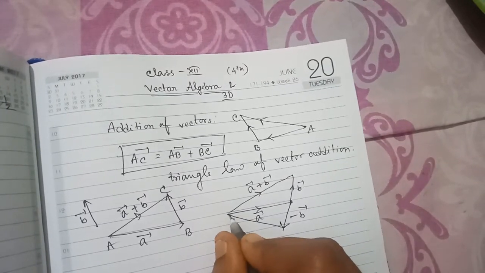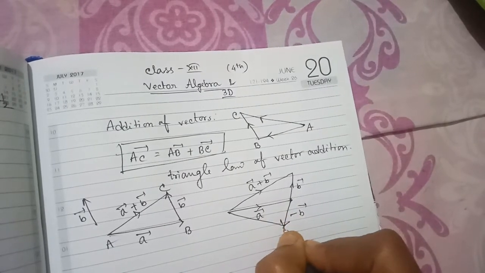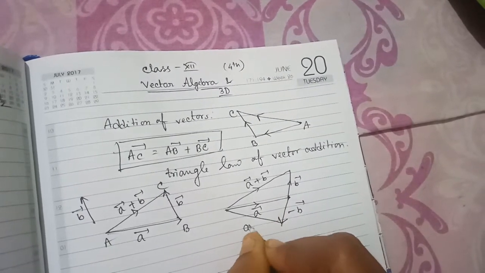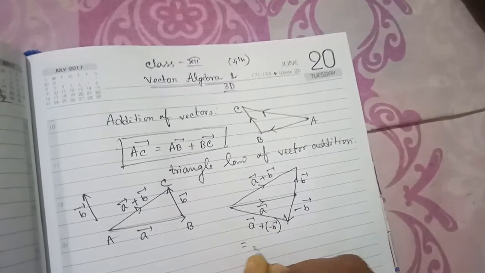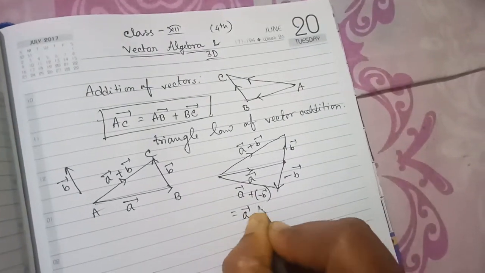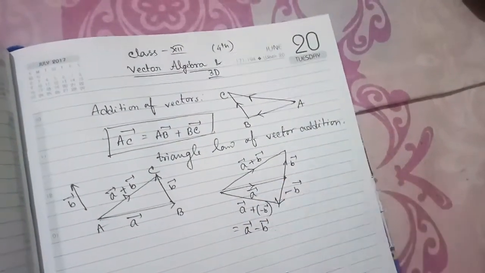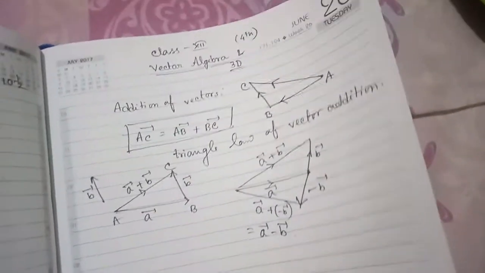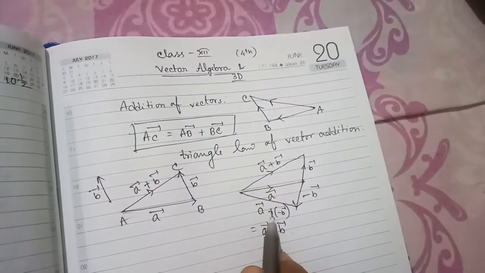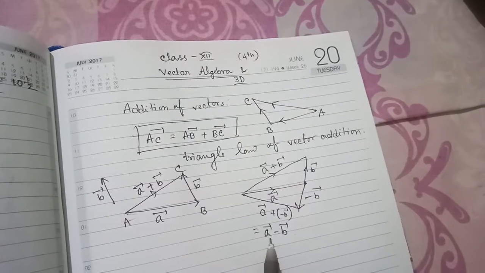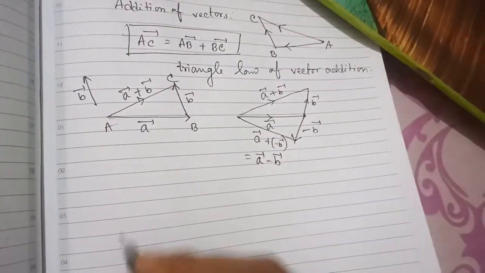Then by the triangle law we get A vector plus minus B vector. That means this will be A plus of minus B vector, ultimately A minus B vector. So by triangle law, this is called addition of vectors, and this one represents the difference of vectors.